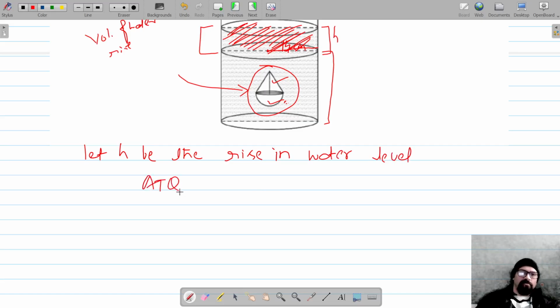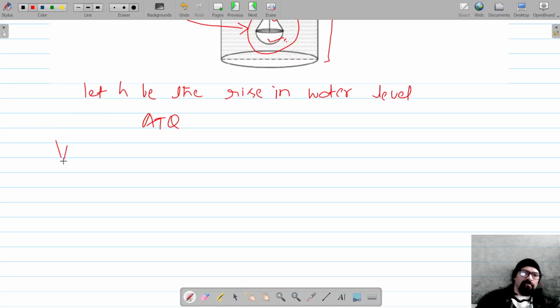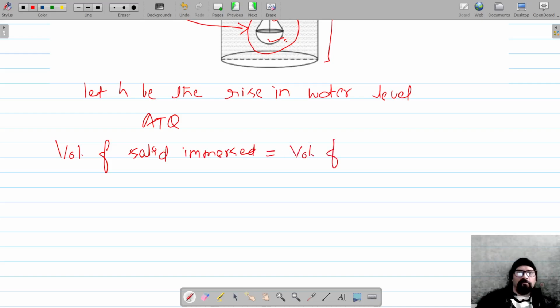And according to the question, volume of solid immersed is equal to volume of water raised, or the volume of water that is raised in the form of a cylinder, because liquid takes the shape of the container.